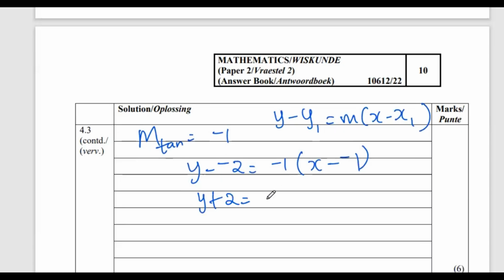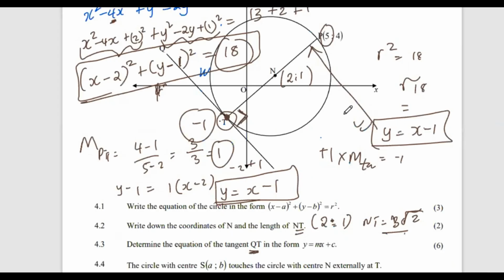So y + 2 = −x − 1. When I move the 2 to that side, y is going to be −x − 3. That is what I'm getting for the equation of the tangent. If you have a quicker way, you can always share it with us.